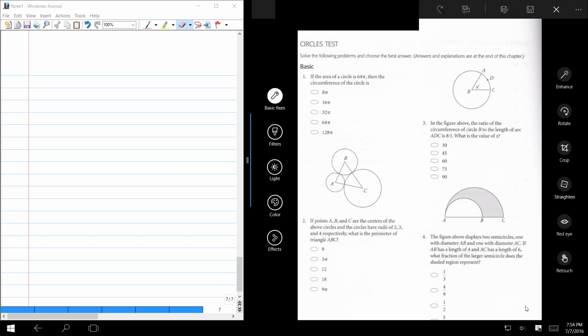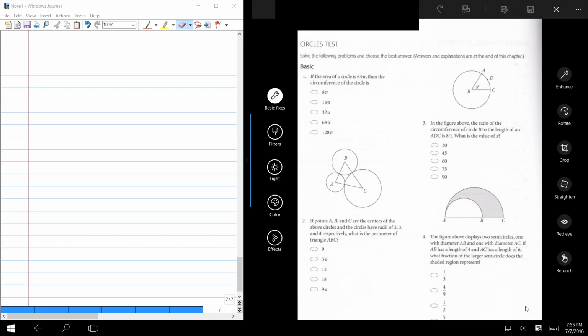All right, so number 3, let's look at that. Upper right. In the figure above, the ratio of the circumference of circle B to the length of arc ADC is 8:1. What's the value of x? So in other words, let me rephrase this problem a little bit.